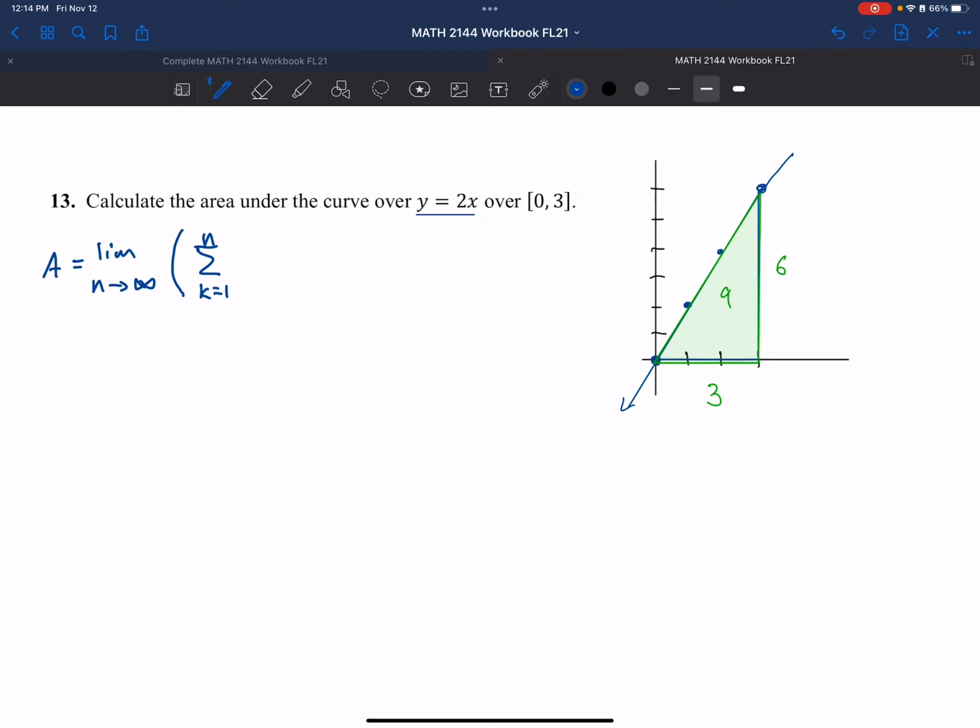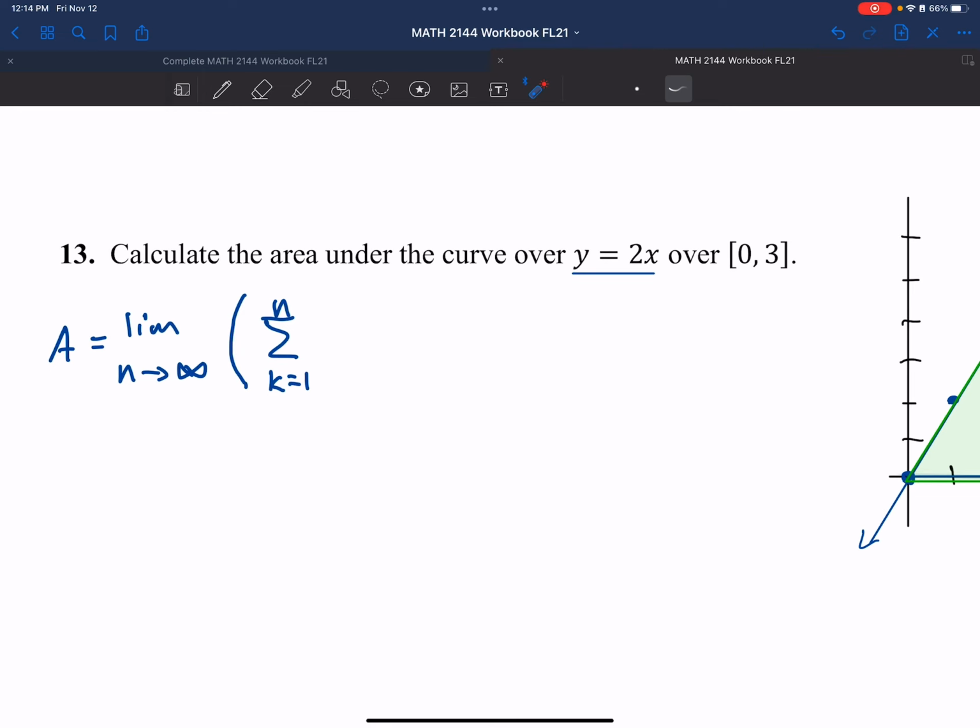But we have to be a little bit more careful with this, because the last time it was nice because we were between 0 and 1. Here, we're between 0 and 3, so we have to make a little adjustment for that. So it's really not too bad.